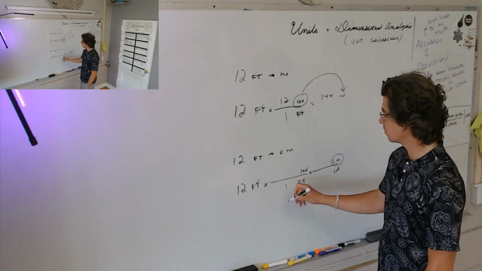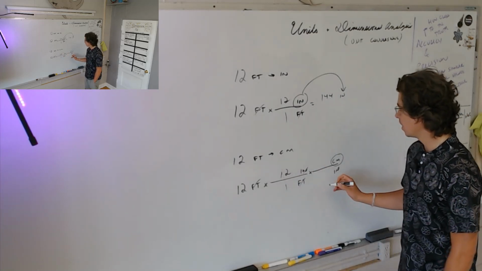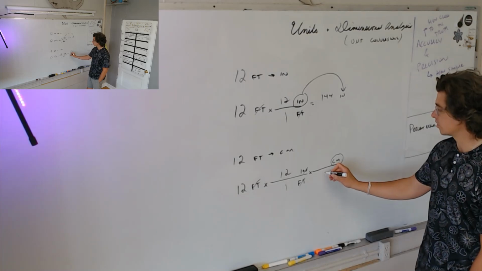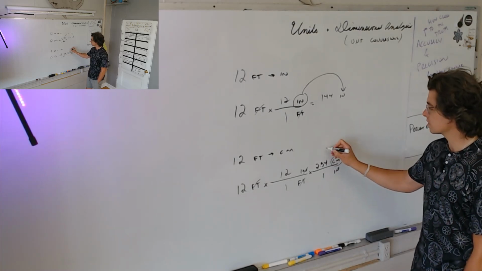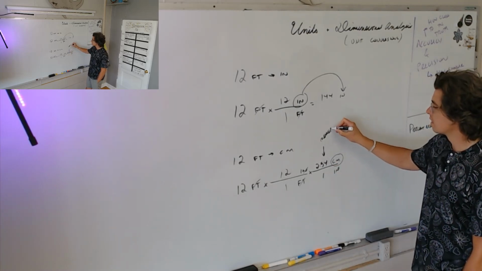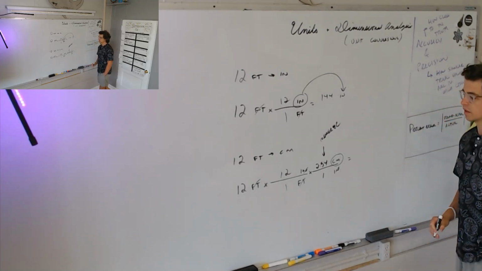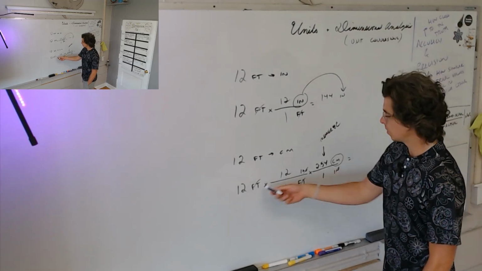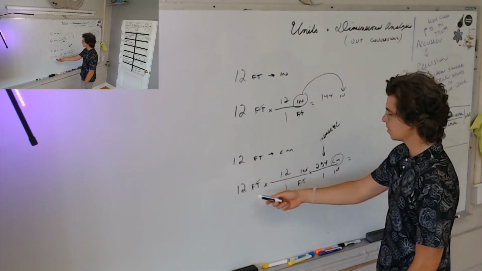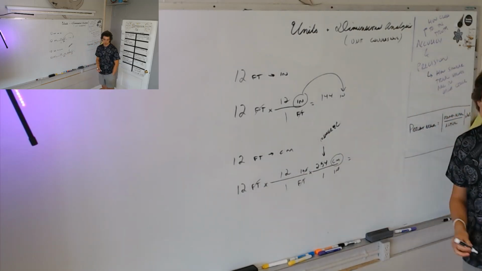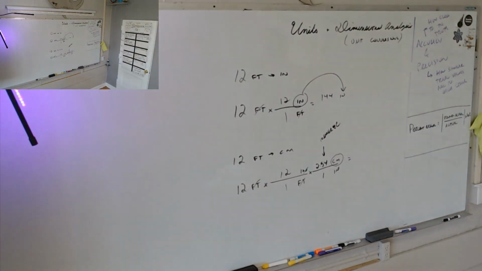In every 1 foot, there are 12 inches. And you have to have this memorized. In every inch, there are 2.54 centimeters. This you should memorize. It will be extremely handy for you to memorize that. Into our calculators, we would type multiply by everything on top, divide by everything on the bottom. 12 times 12 is 144 times 2.54. I'm going to guess it's going to be about 320 something.